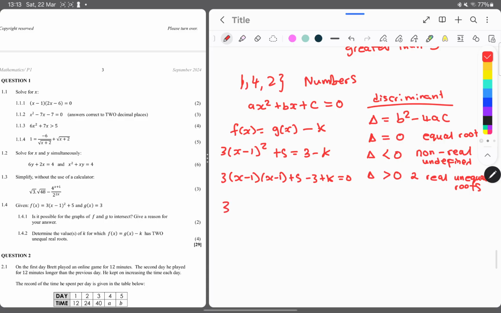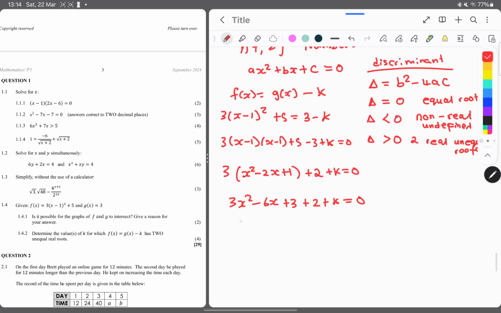Then we get 3 into x squared minus 2x plus 1 plus 2 plus k equals 0. We get 3x squared minus 6x plus 3 plus 2 plus k equals 0. So we get 3x squared minus 6x plus 5 plus k equals 0.